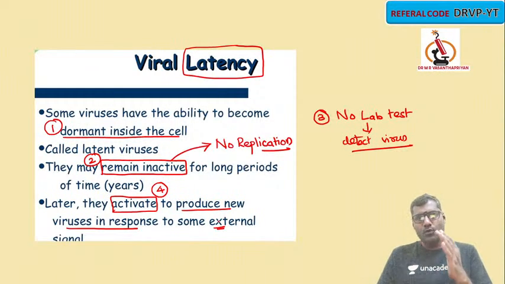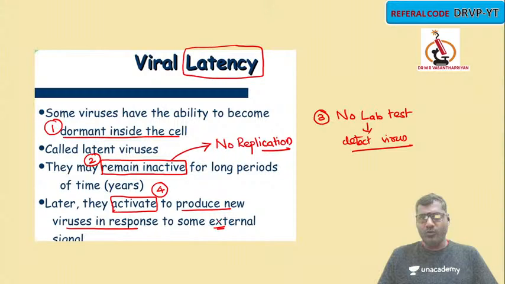If the virus fulfills all four criteria, we can consider it a latent virus. Inside the cell it remains inactive, with no replication at all, and we may not be able to demonstrate it. Then finally it gets reactivated and produces a new response, to be remembered.